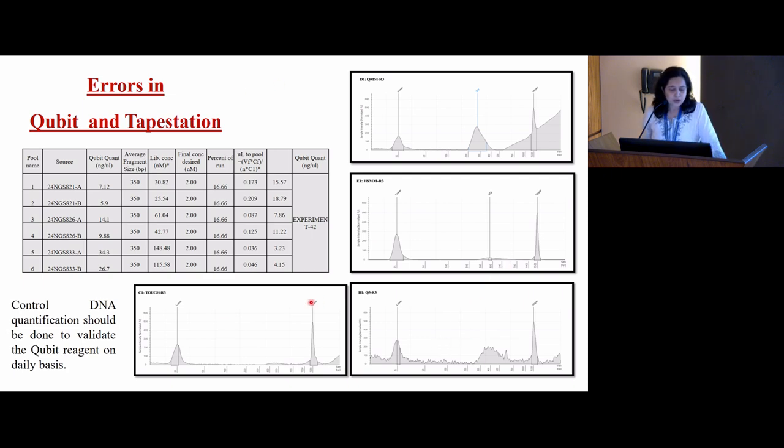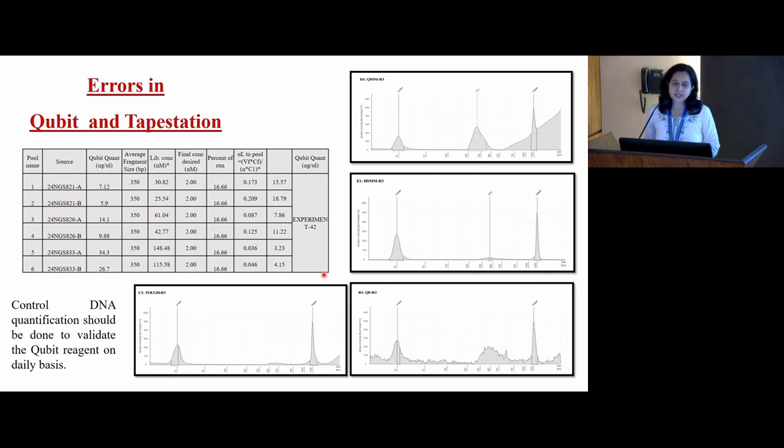Whenever you are using the Qubit, they have provided certain standards, one lower standard and one higher standard. In that case, you can get a straight-line curve and you can say your reagent is okay and you can start. But it is important that you validate that data daily.